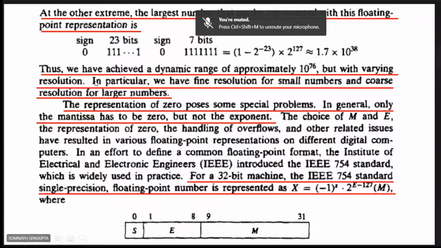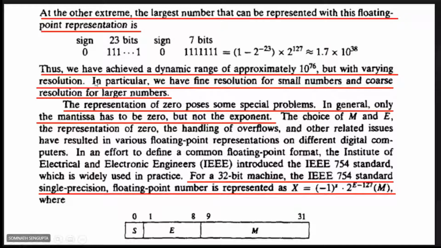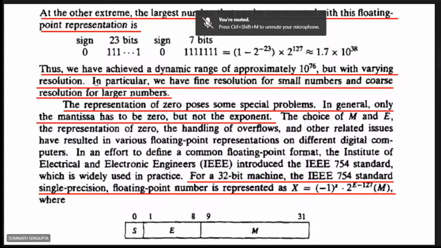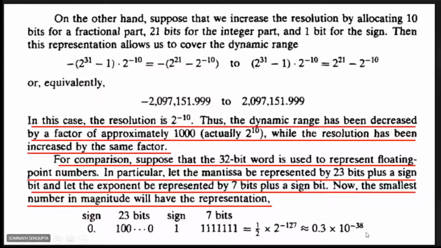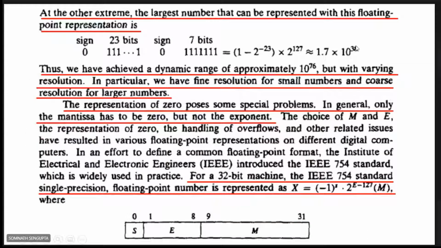So with the same 32-bit word length for fixed point and floating point, see the difference. In floating point, it goes from 10 to the power minus 38 to 10 to the power plus 38. So altogether 10 to the power 76 is the dynamic range.